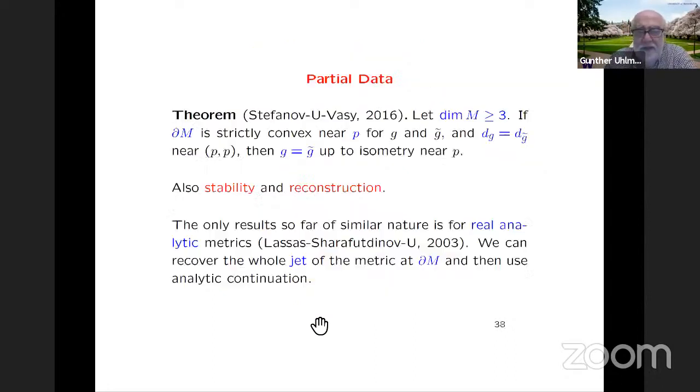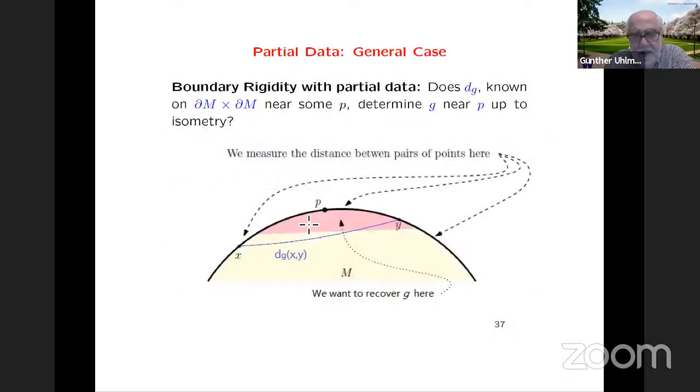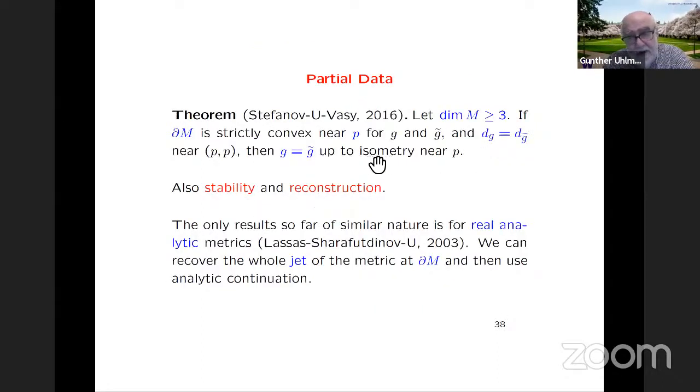And the result is that in dimension 3 or higher, if the point P is strictly convex, so I still need that the geodesics joining 2 points stay inside, and the distance is the same, then the metrics are the same up to this isometry, meaning this change of variables, which is the identity where we have the information on this open subset here.